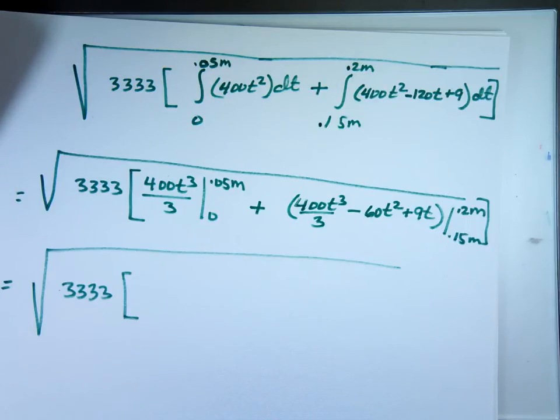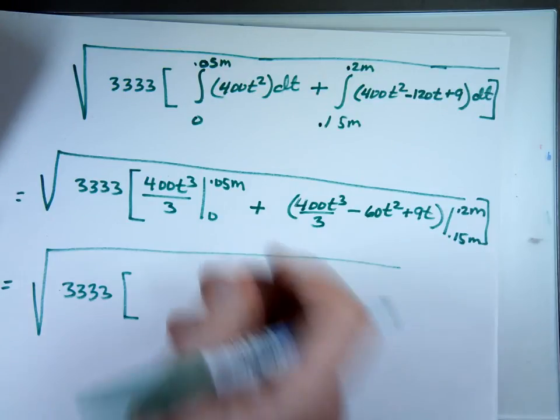400 times 0.05 milli, EE negative 3, cubed. Oh, this is fun. Where's the power? Power of 3 divided by 3, if I get this one right.